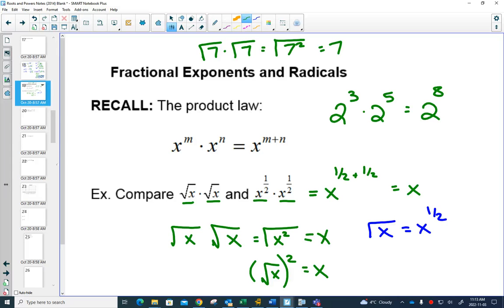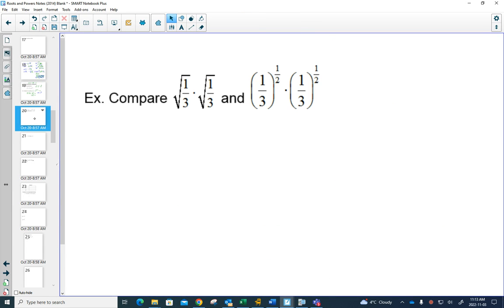Right? We did in our warm-up 36 to the half, and some of you remembered from the previous class that that was the same as the square root of 36. And we discovered that by playing around on our calculator by testing things out. So if you had the square root of 1/3 times the square root of 1/3 on your calculator, and you type that in, you would get 1/3.